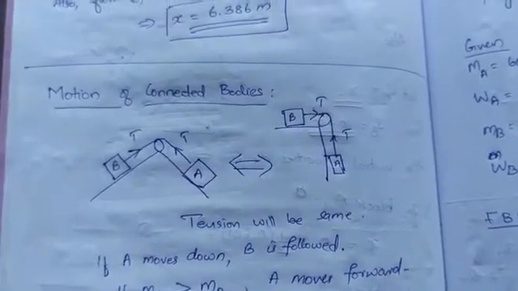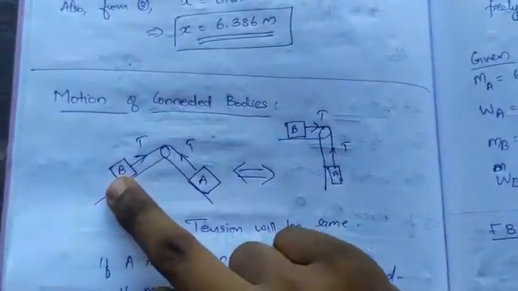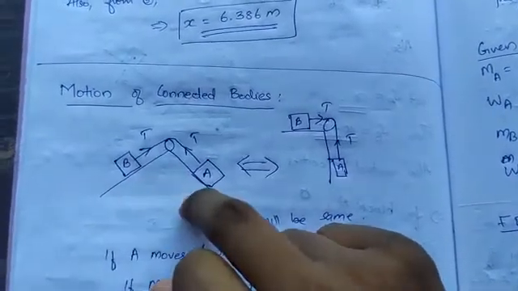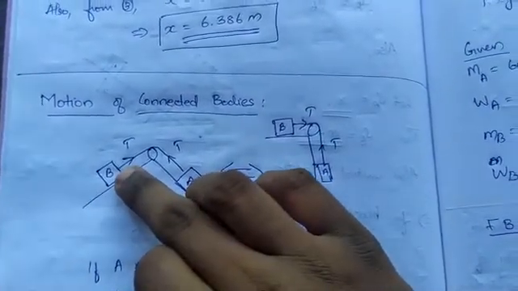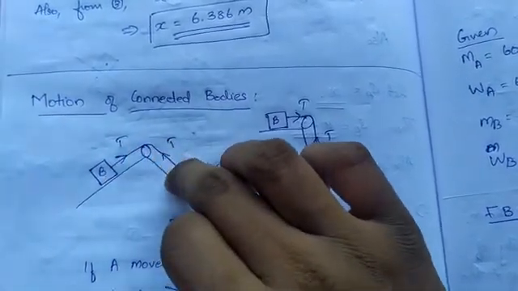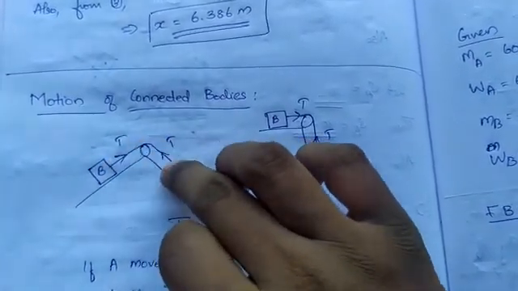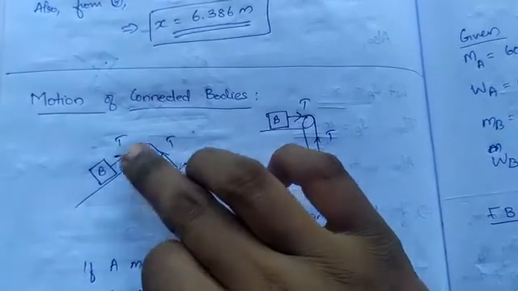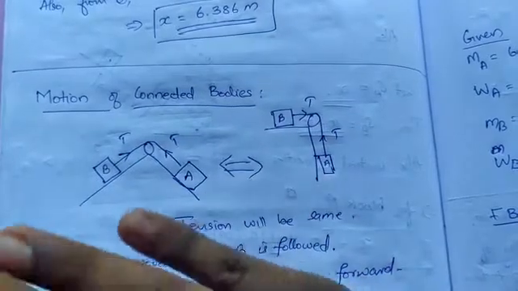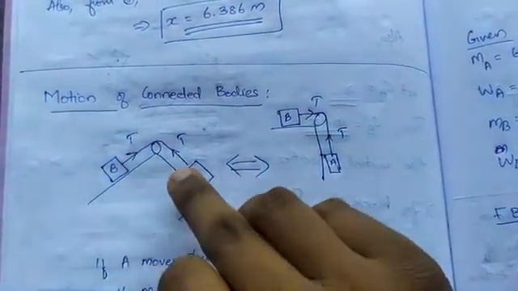See, if you have two objects on two separate inclined planes, how will you calculate? You see this, they are connected with a single string, so for both of them the tension is the same, right?